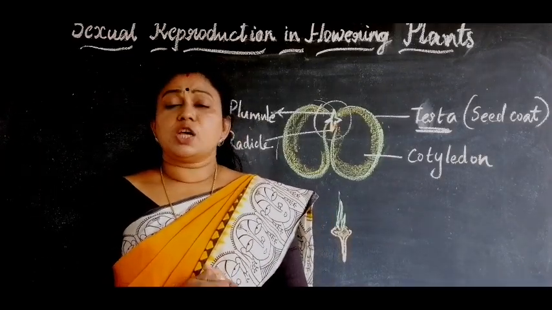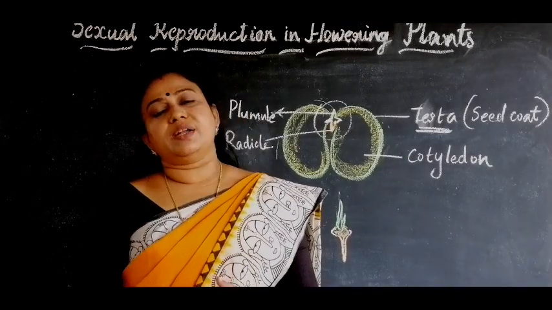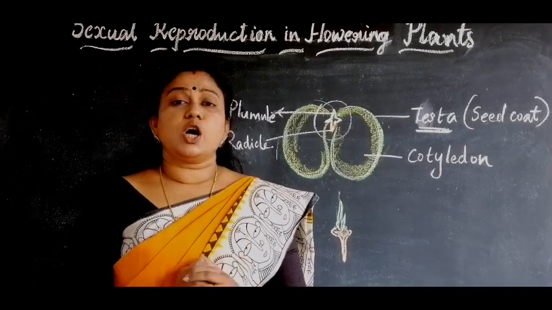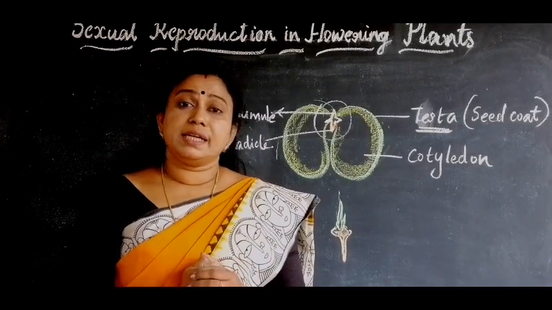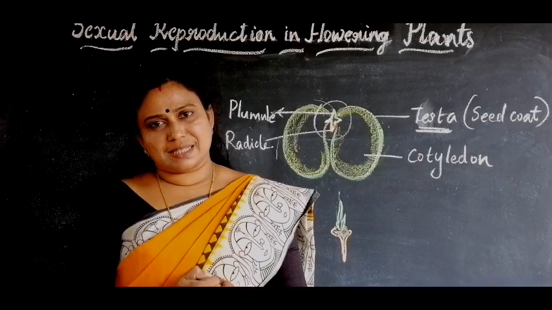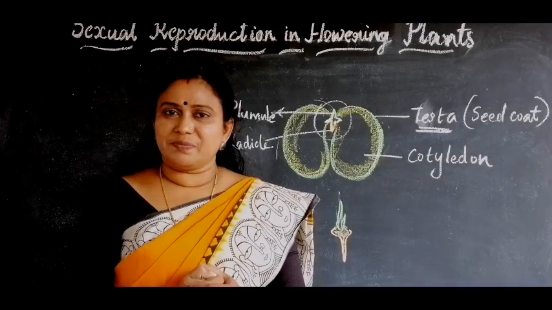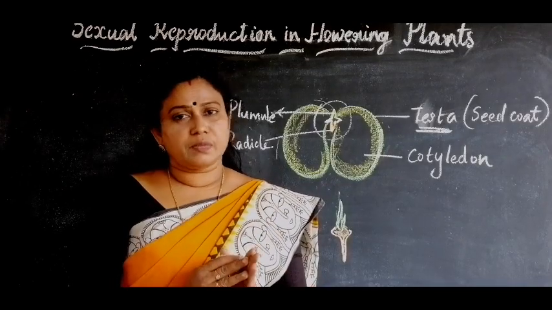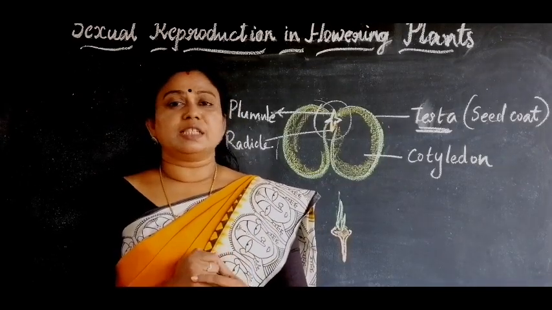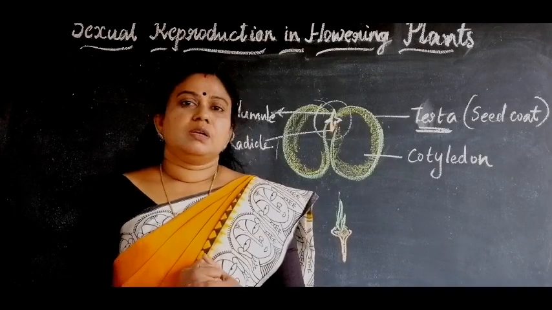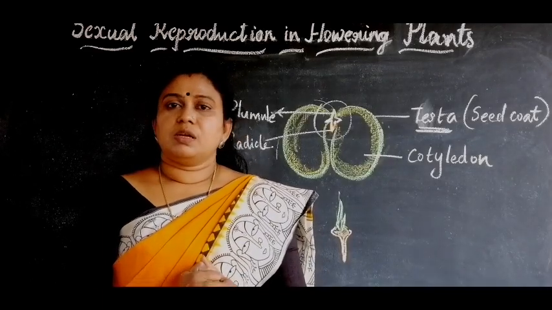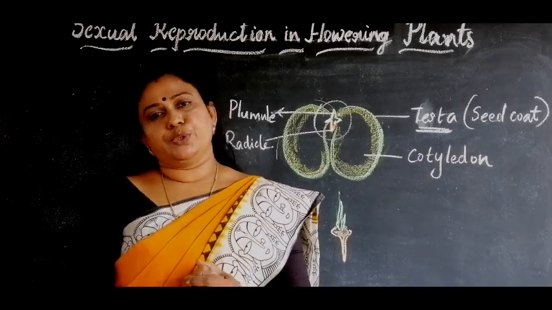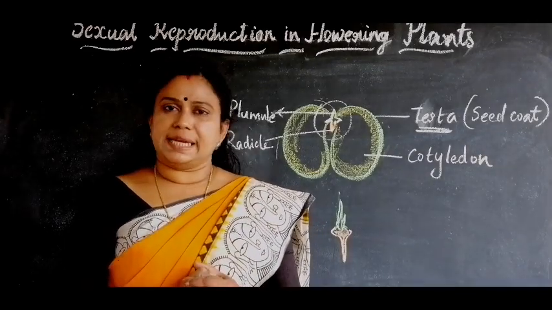Okay children, this is all about sexual reproduction in flowering plants. Now, let us recall the steps. The flowers are the reproductive structures of a plant. The male reproductive structures are the stamens, inside which the male gametes are produced in the pollen grains.